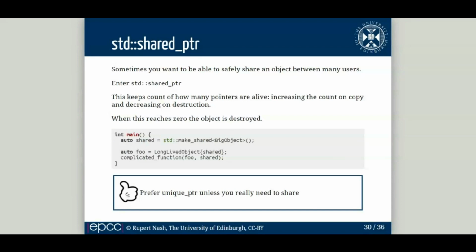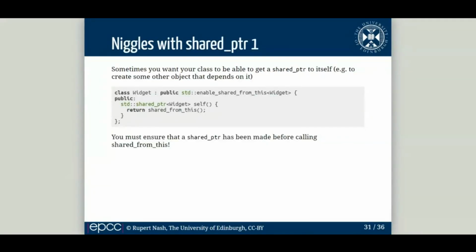There is a note there that says prefer unique pointers unless you need to share. What else? Two things to bear in mind with shared pointers. For some reason, we may want to get a pointer to the class itself.